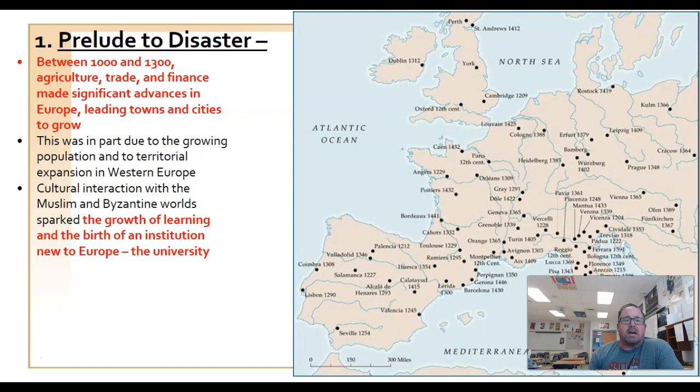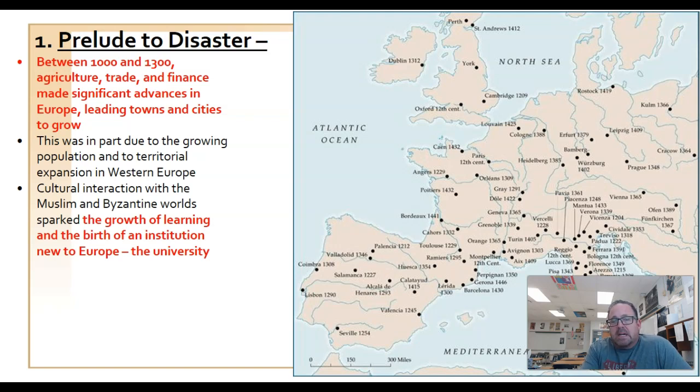just say year 1000 to 1300, there's a tremendous amount of population growth throughout Europe. And what you see here on this map is not only a map of Europe, which throughout the course of this course, you're going to learn more about that geography. But what you see here located throughout the continent are all the different universities.